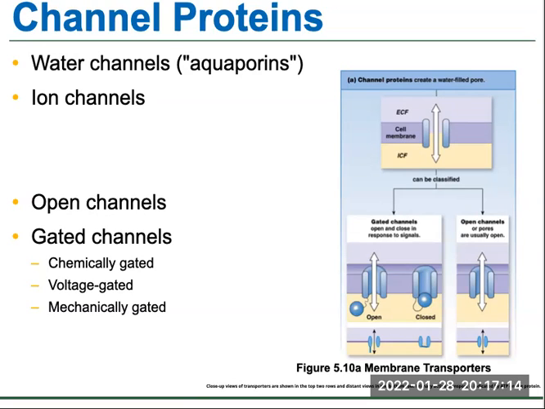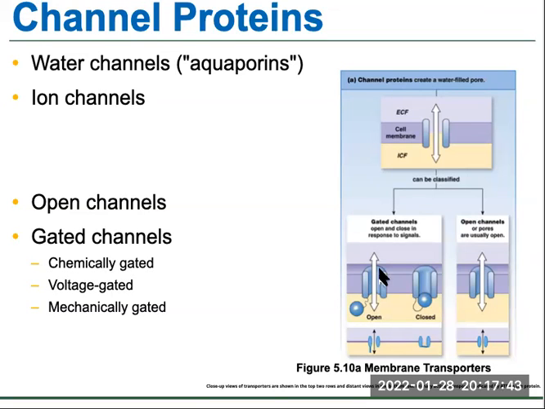These channels can either be open channels, meaning they're constantly open and never close, or they can be gated, meaning there is some kind of mechanism that can seal off the opening. Gated channels can have different triggers. Some are chemically gated.